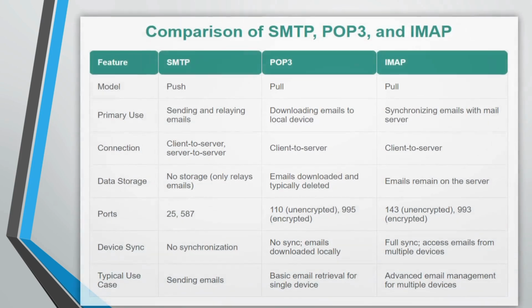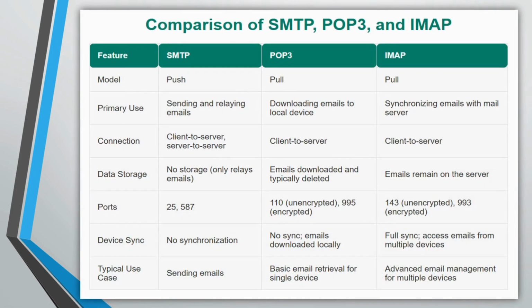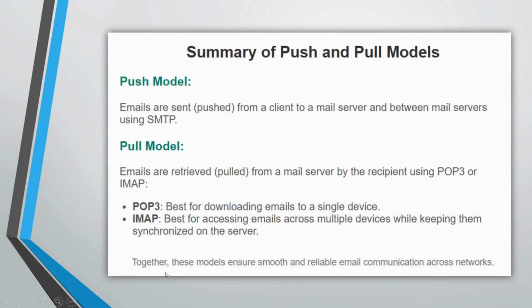And at last we have compiled the comparison between SMTP, POP3, IMAP. And in this way use connection, data storage, ports, device sync, and typical use case. And at last we have written the summary of the whole question.